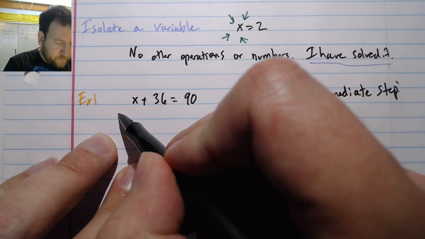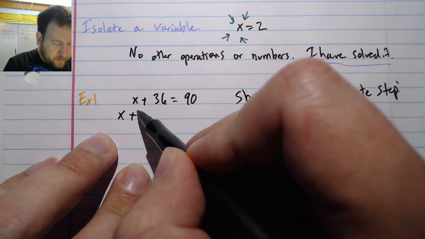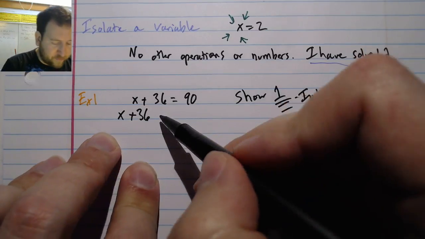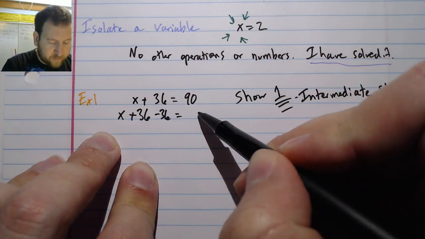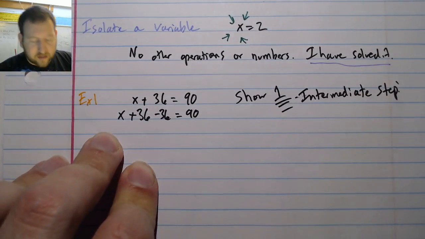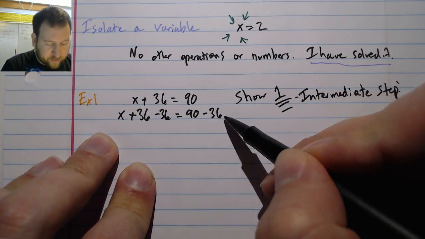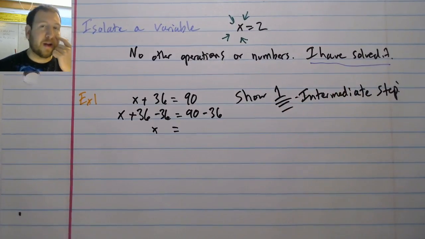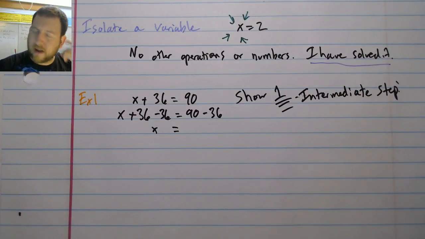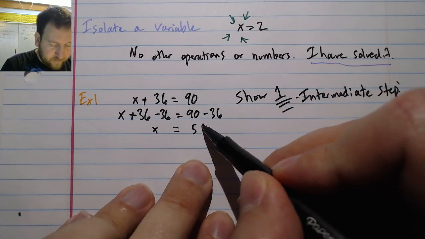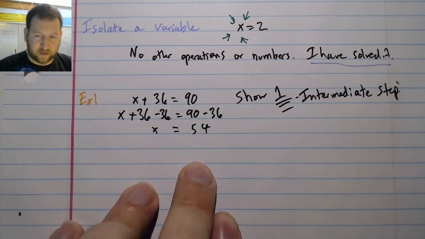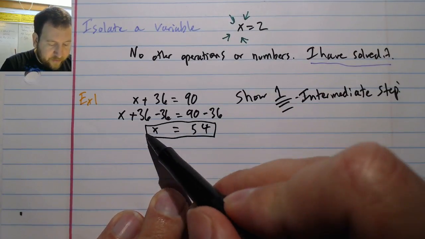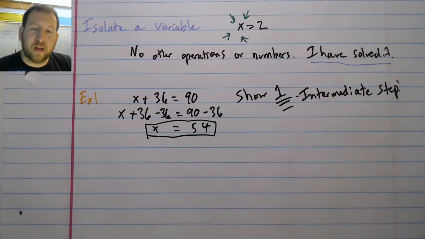I can write x plus 36. Now to get rid of that 36, because I'm trying to get my x all by itself, I'm going to subtract 36. And if I subtract 36 from one side, of course I have to subtract 36 from the other side. So I have x equals 90 minus 36, and if I do that in my head, I think that is 54. And here I go, I am good to go. I've showed that one intermediate step.